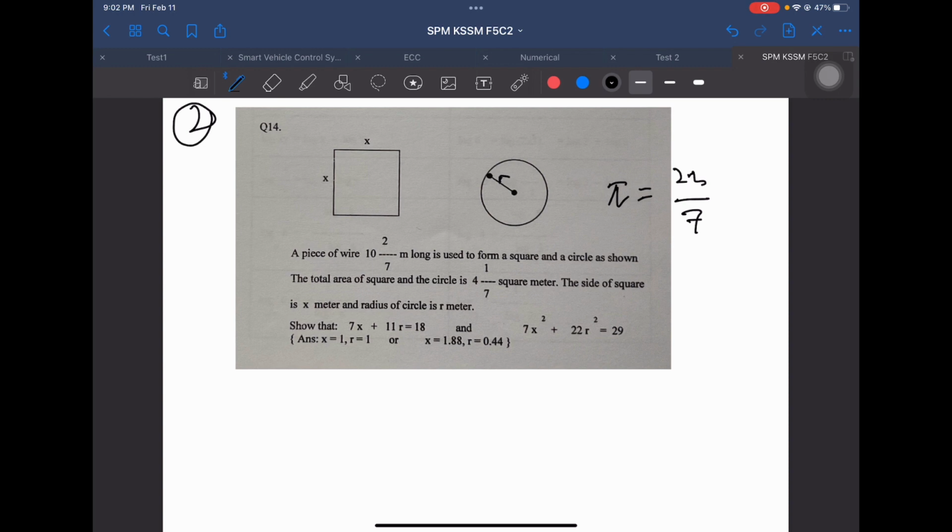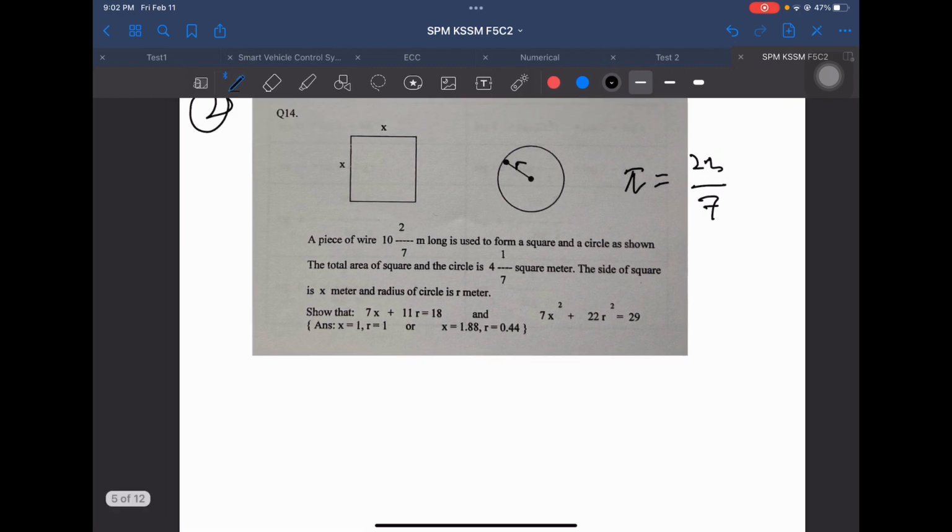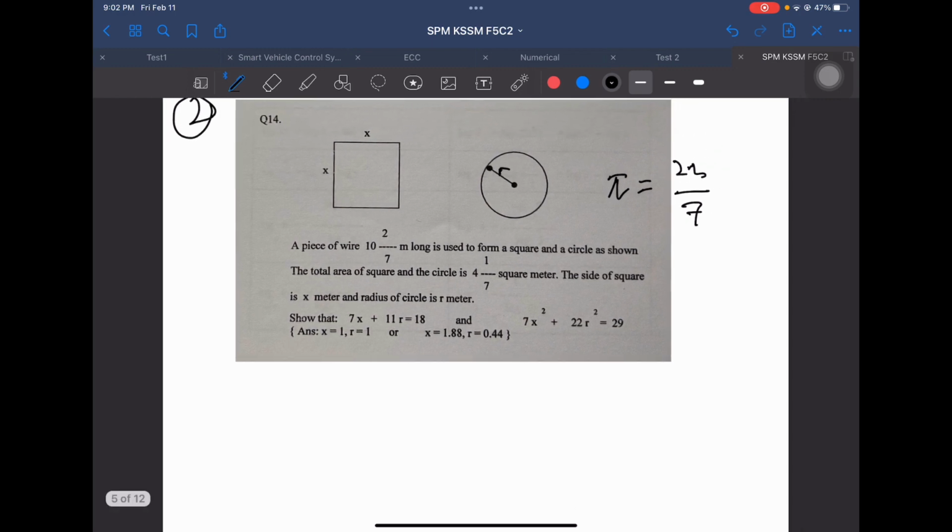The side of the square is x meter and the radius of the circle is r meter. Show that 7x plus 11r equal to 18 and 7x squared plus 22r squared equals to 29. And it is known that pi equals to 22/7.